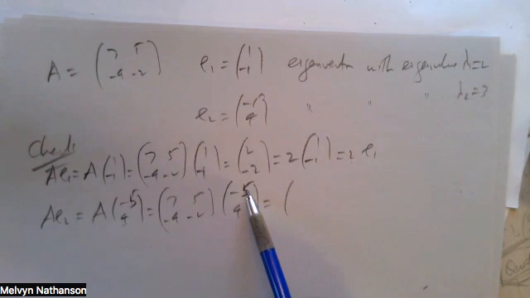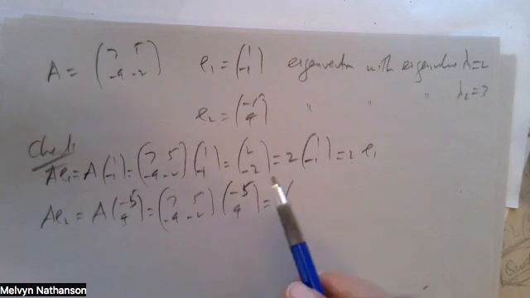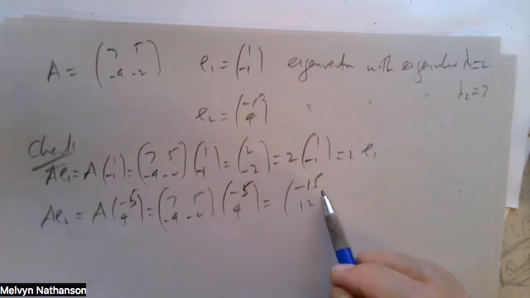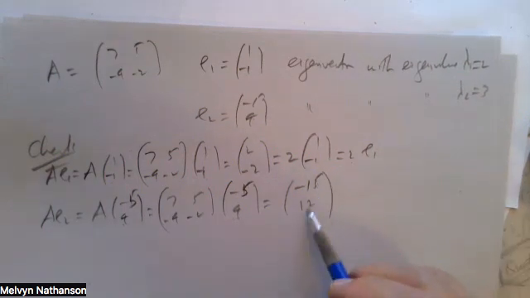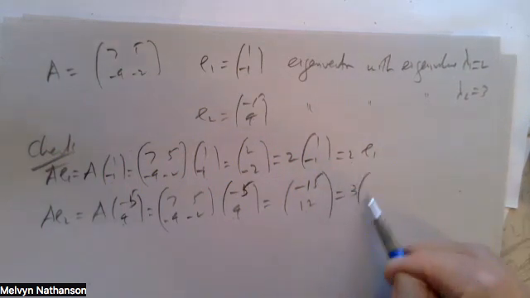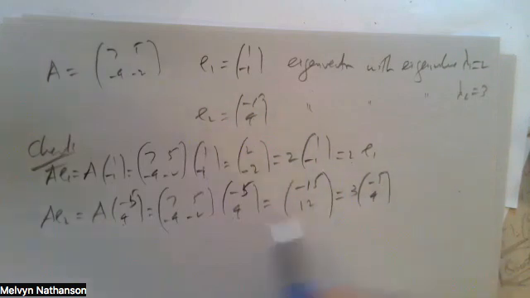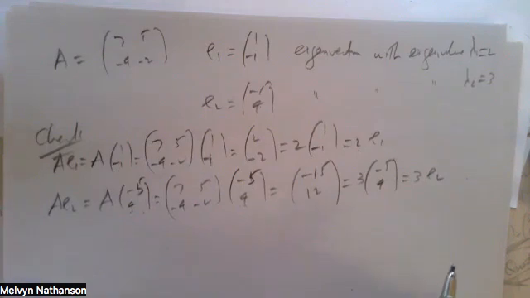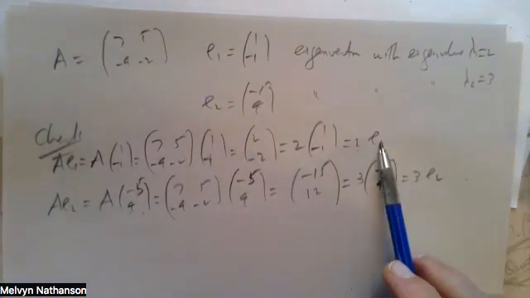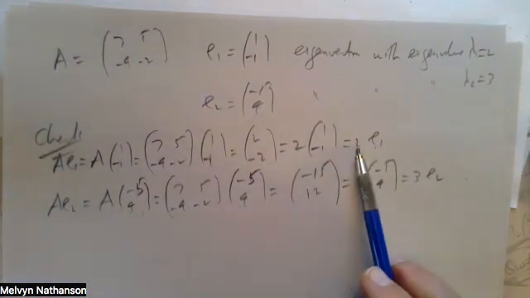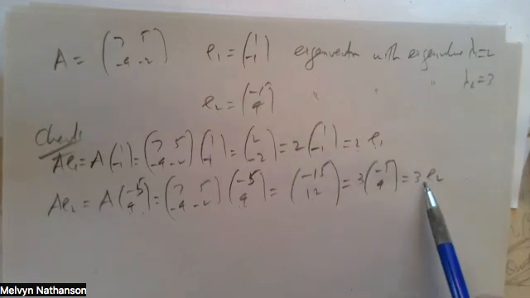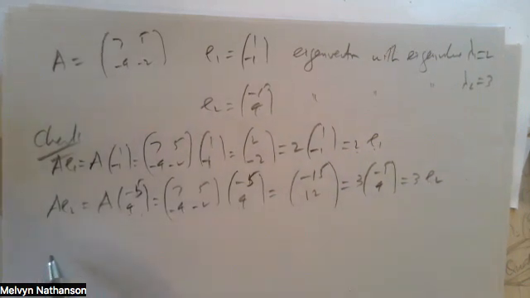So this is minus 35 plus 20, which is minus 15. This is 20 minus 8, which is 12. Minus 15, 12 is 3 times minus 5, 4. That's 3 times E2. So E1 is an eigenvector with eigenvalue 2. E2 is an eigenvector with eigenvalue 3.